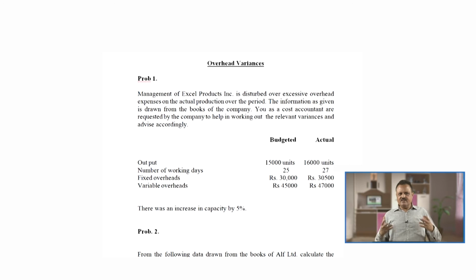Because when the volume of production increases for any reason, maybe you are working in a month for more days than the standard number of days, or you are using the plant capacity to its fullest level, or a little more than we were doing in the past. So, that change in the capacity because of increased number of days or better utilization of the plant, fixed overhead cost behaves inversely.